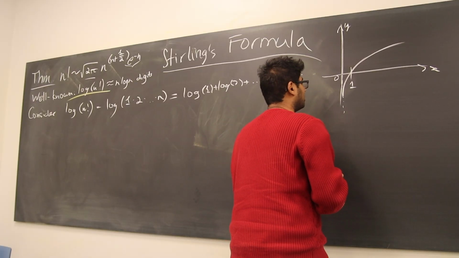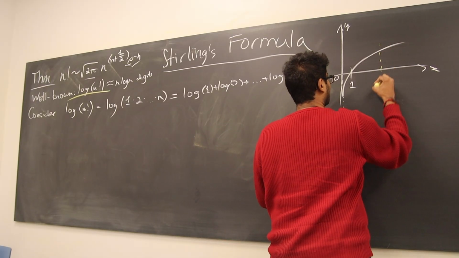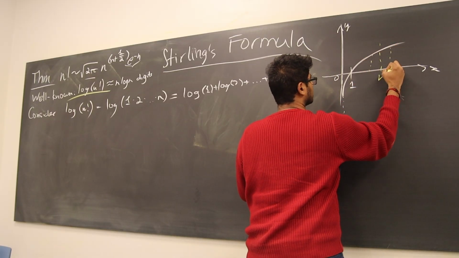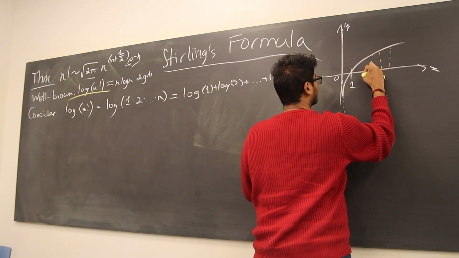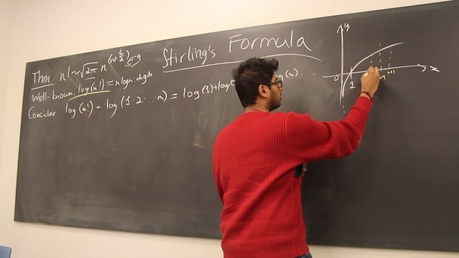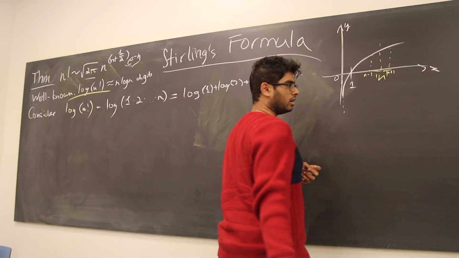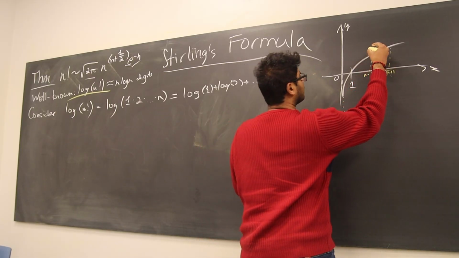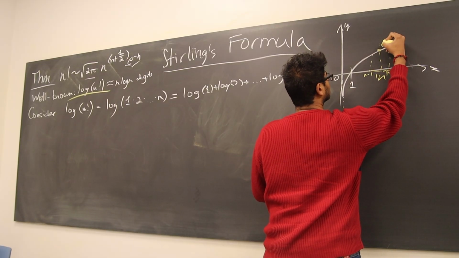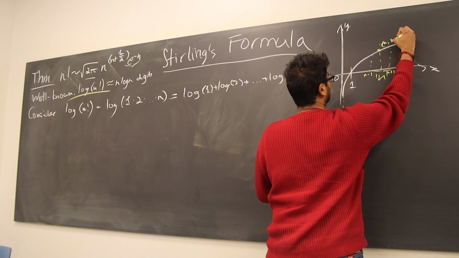So I'm going to set some value n here, and then we consider n minus 1 and n plus 1. We have a gap of length 1 here, and a gap of length 1 also here. So this is log of n. So this point is n comma log n.